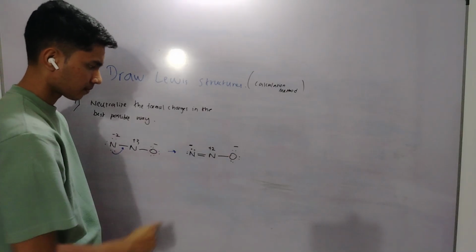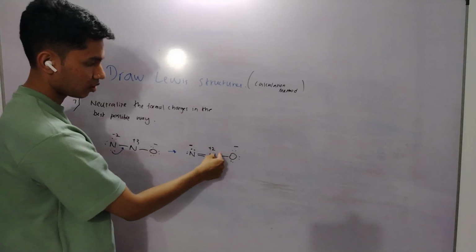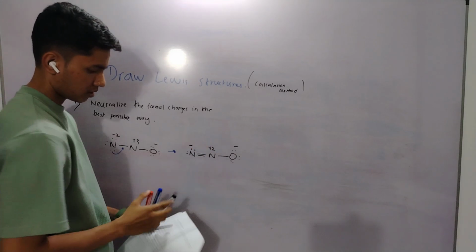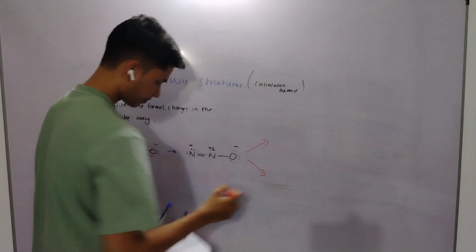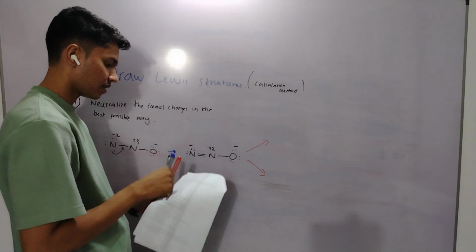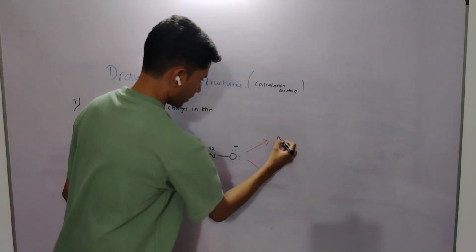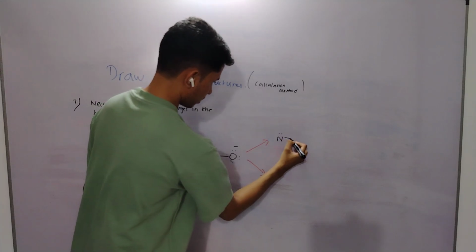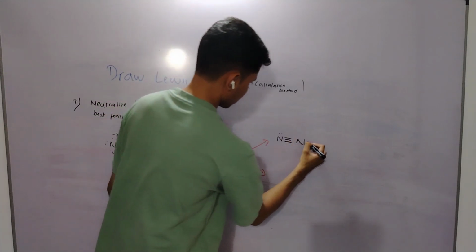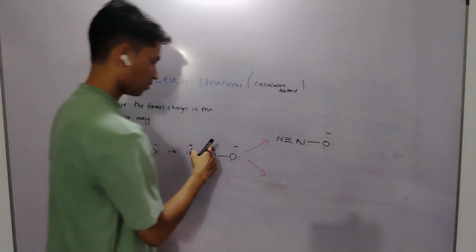Now here I make this lone pair of electrons. So we'll check and see what structures are obtained.